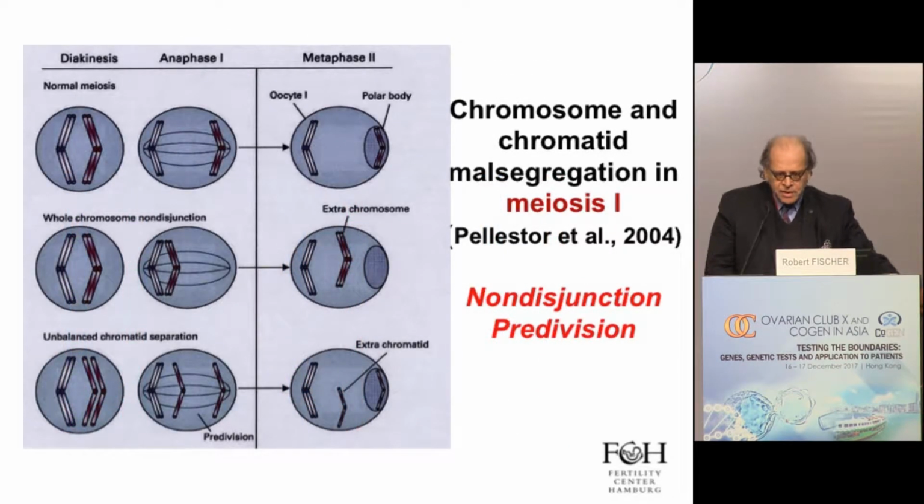In the first meiosis, we can have two different types of errors. The one is called non-disjunction, and the other one is called predivision. And it is very crucial to understand how meiosis works in order to make the correct interpretation of the genetic information that you are getting when you do the testing.